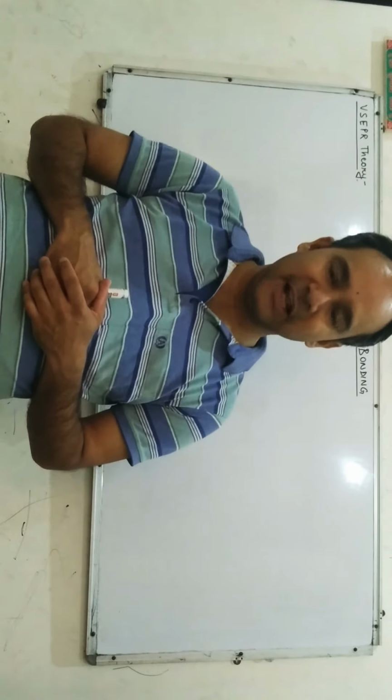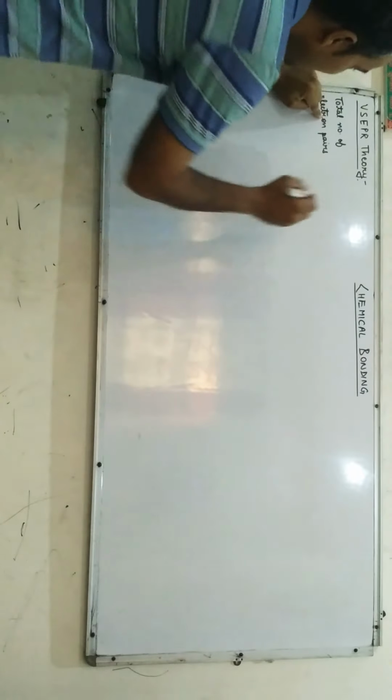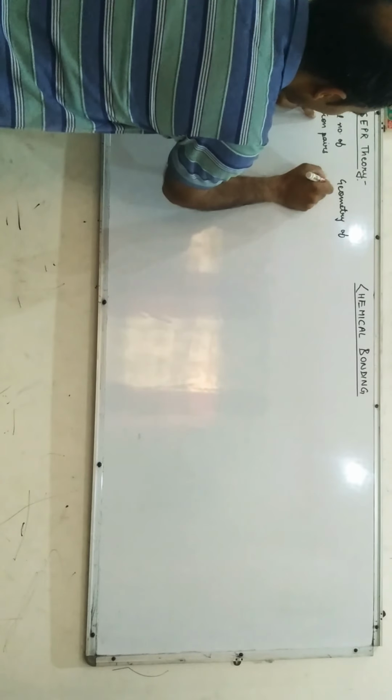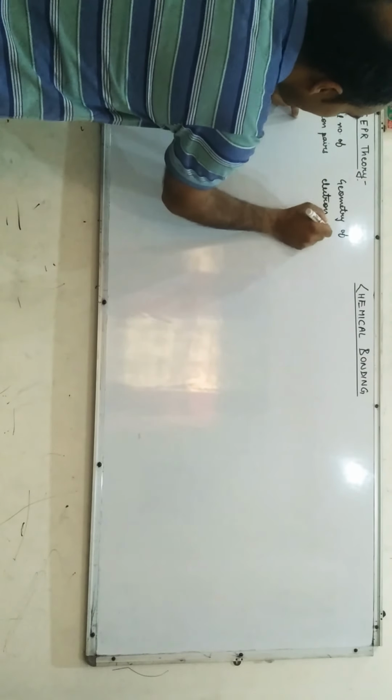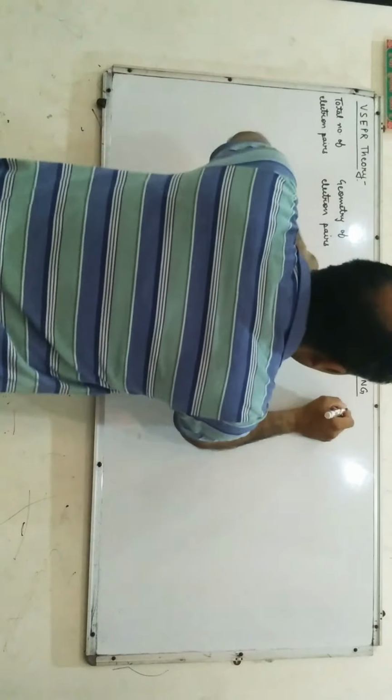total number of electron pairs, geometry of electron pair, bond pairs, lone pairs, geometry of molecule, and thereafter example.